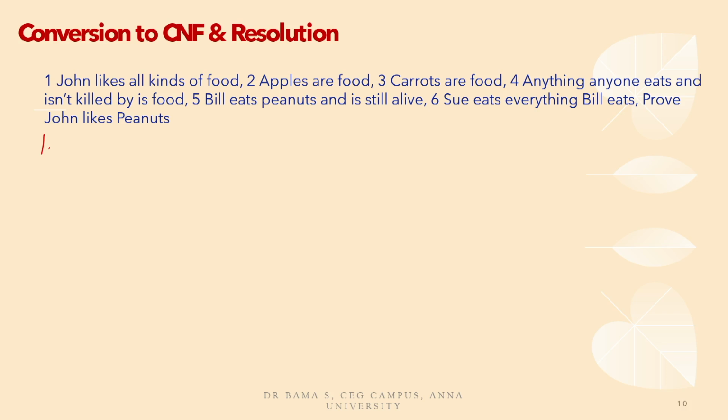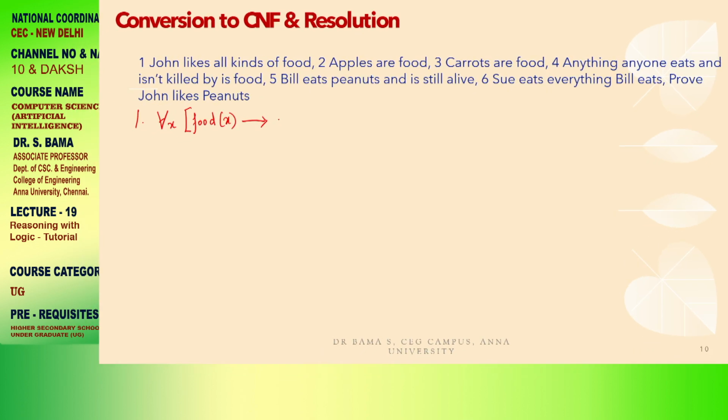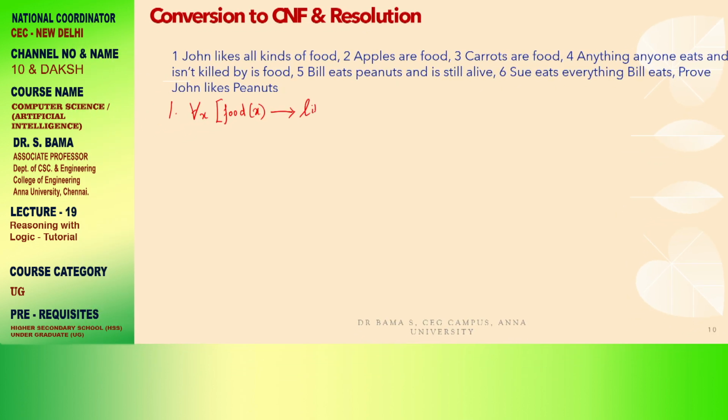John likes all kinds of food. We can write it as for all x, if x is food, then John likes it, likes John comma x.